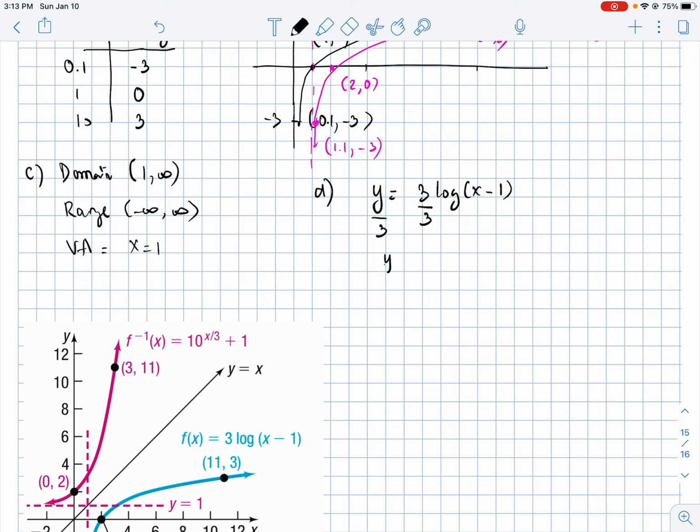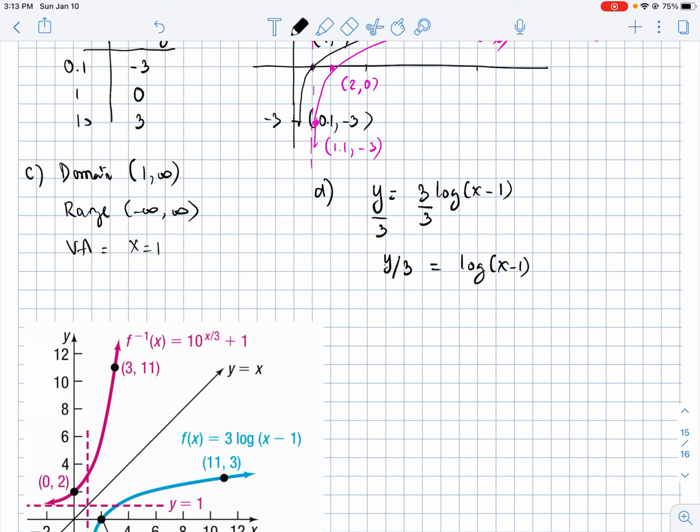We need to get rid of the 3 first, so I will divide both sides by 3. So we get y divided by 3 equals log base 10 of x minus 1. And then this is base 10, so we draw the arrow. So we get 10 to the y over 3 equals x minus 1.